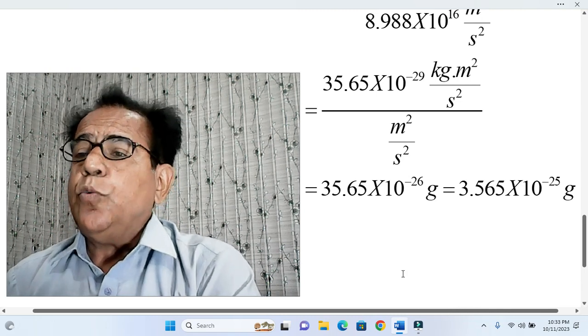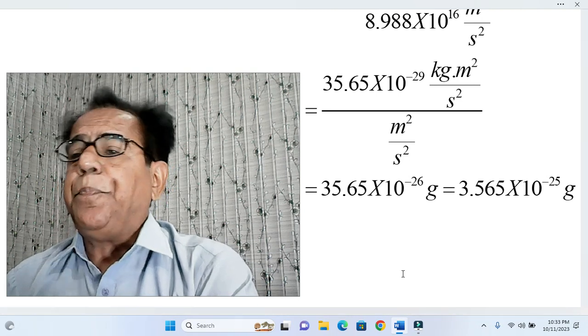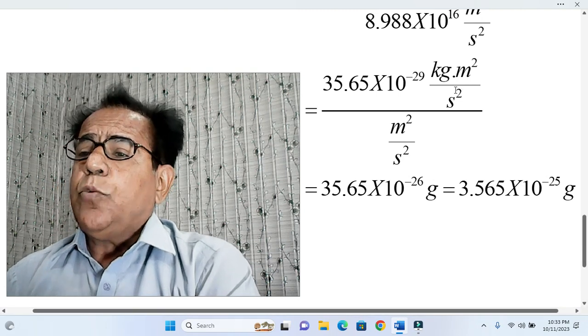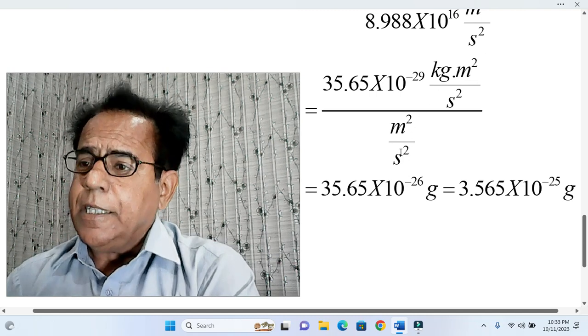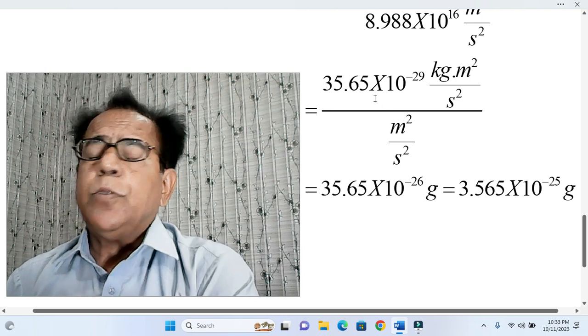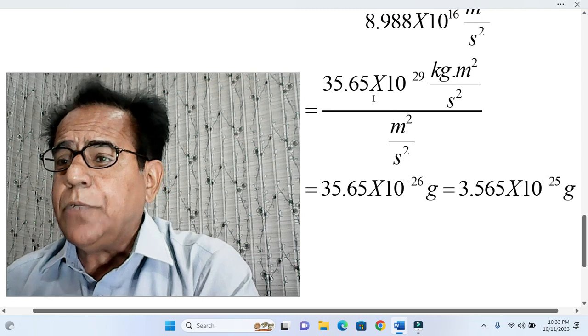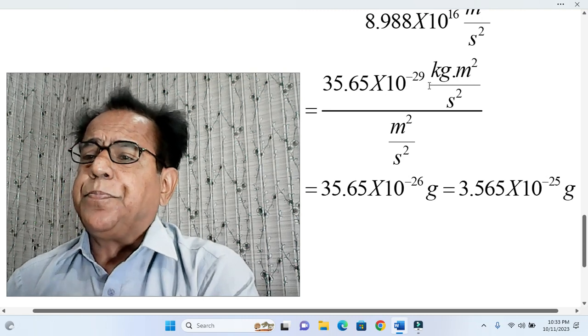35.65 into 10 raised to the power minus 29 kilogram. Actually, dear students, meter square per second square has been cancelled with meter square per second square, and we are left with 35.65 into 10 raised to the power minus 29 kilogram.